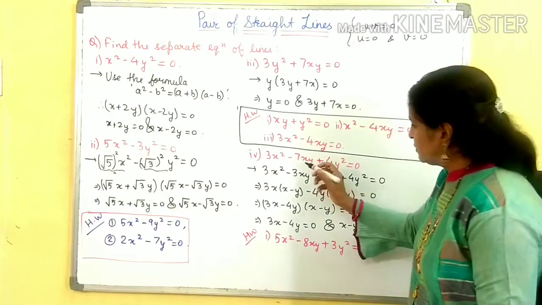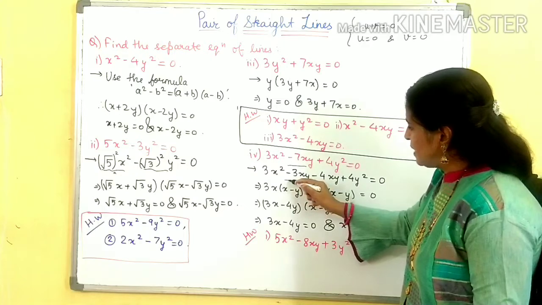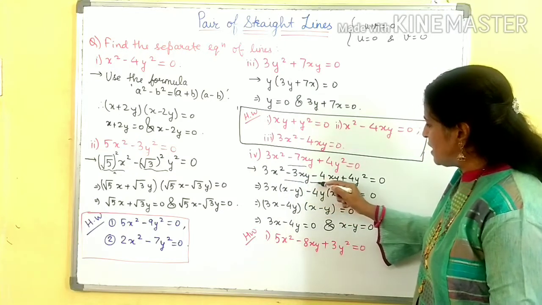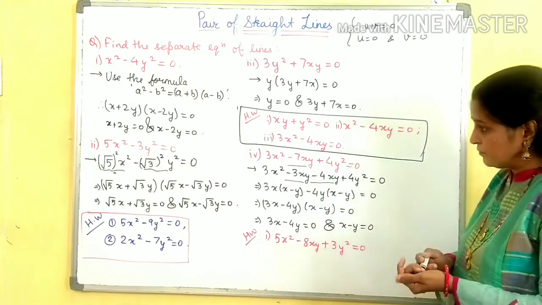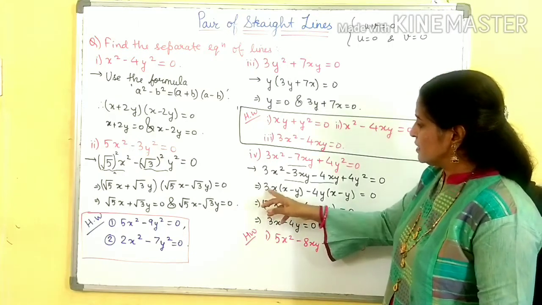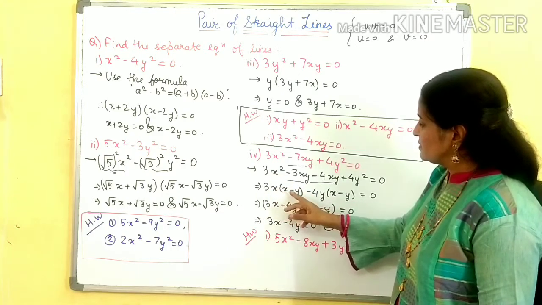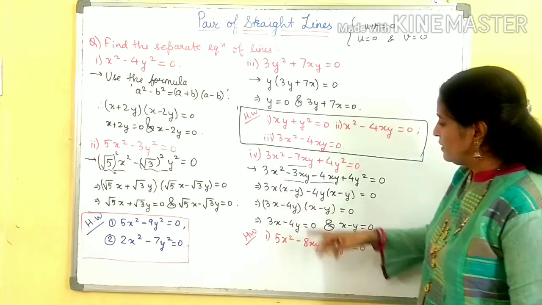You have to split minus 7xy as minus 3xy and minus 4xy. Then again get the common term. 3x is common, then we get here x minus y.